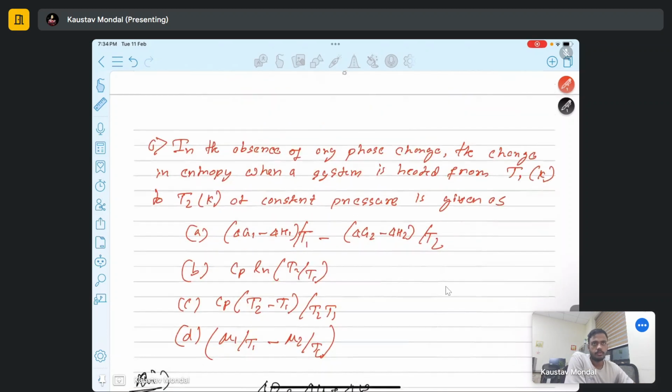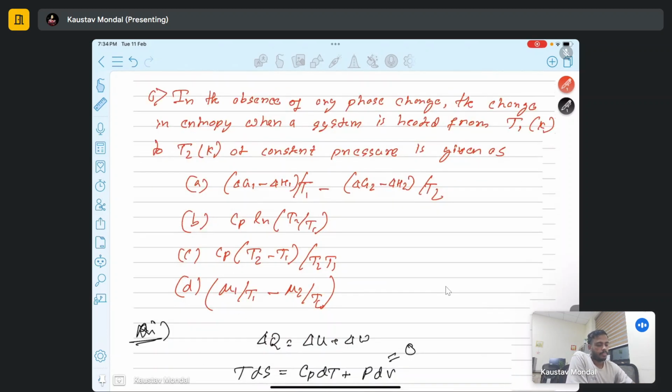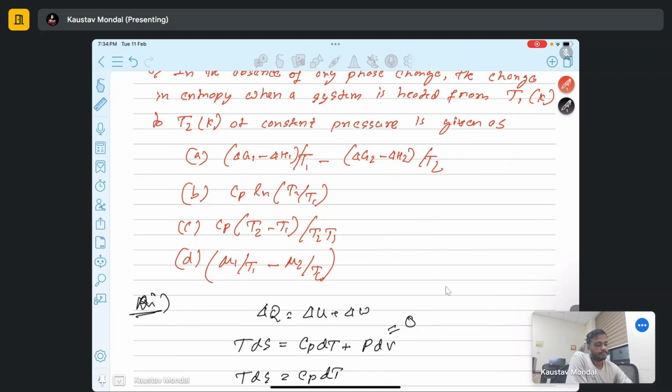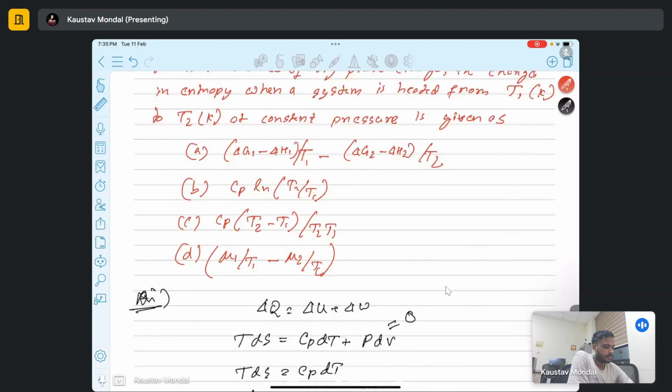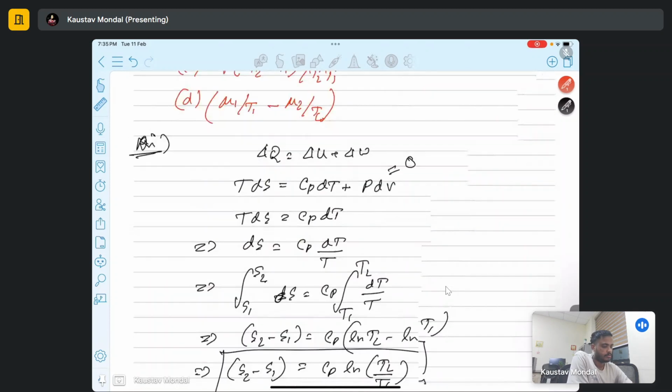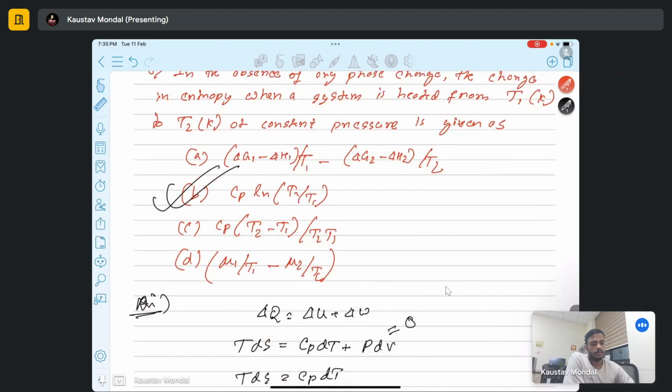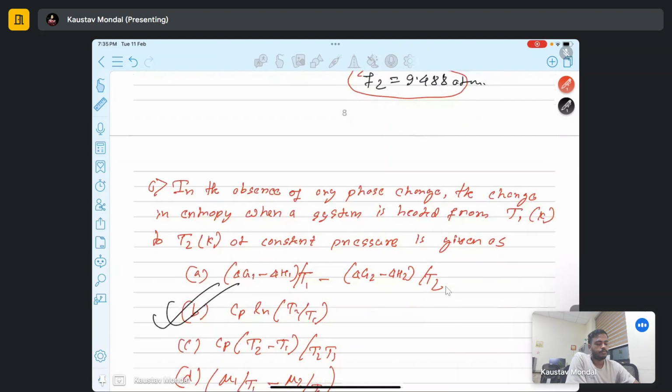So the correct answer will be the change in the entropy. Which one will be the correct answer? Cp ln T2 by T1. This will be the correct answer, right? Okay, so let me explain once again what I've done. The problem is stating that if there is no phase change during a process, what will be the entropy change if the system is heated from T1 to T2 at a constant pressure?